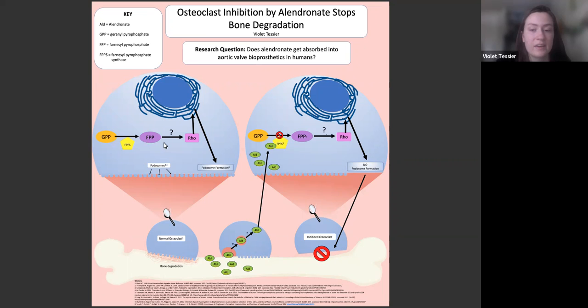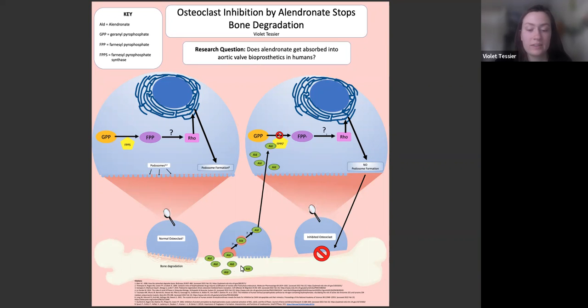We aren't really clear about what this next step is, but whether it activates or inhibits Rho, which is a GTPase, this will go to the endoplasmic reticulum and activate proteasome formation. The proteasomes are these little dots represented here. They're the part of the cell that binds to the bone and makes sure it has a firm platform so that it can dissolve the bone matrix.